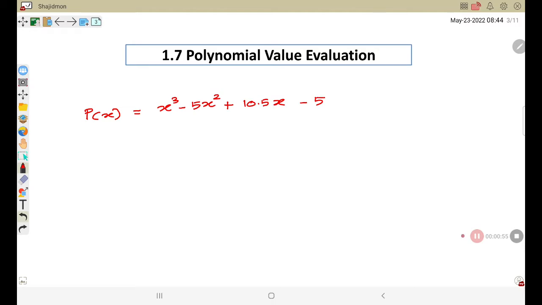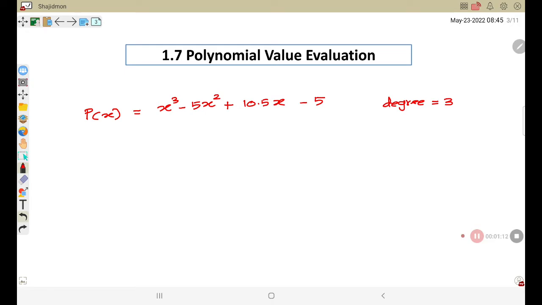We have a polynomial of degree 3, because x power 3 is the highest power of x. So we can say the degree of this polynomial equals 3, correct?